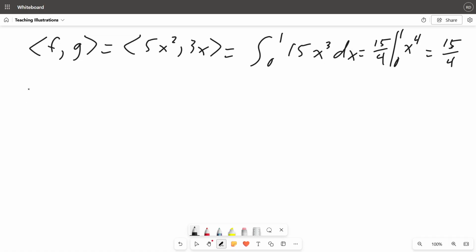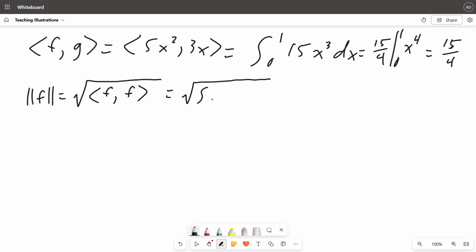Now let's see. The norm of f would be the square root of the integral from 0 to 1 of 25x to the fourth dx, which would be the square root of 5x to the fifth, which would be the square root of 5.